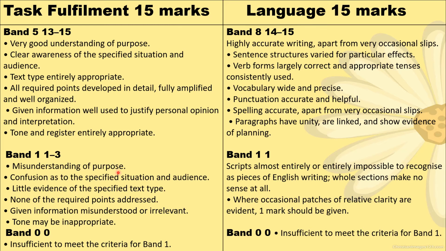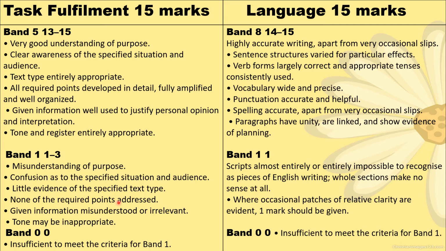This happens when we fail to understand the question, and when in a hurry we start writing, ignoring things. Confusion as to the specified situation and audience shows that you haven't understood the question. Little evidence of the specified text types: perhaps you are not writing in the correct format.